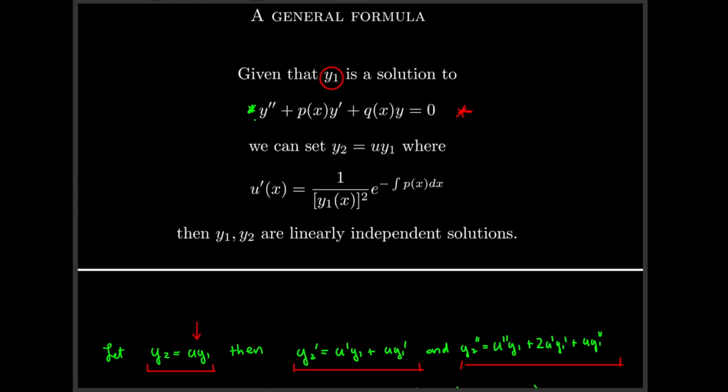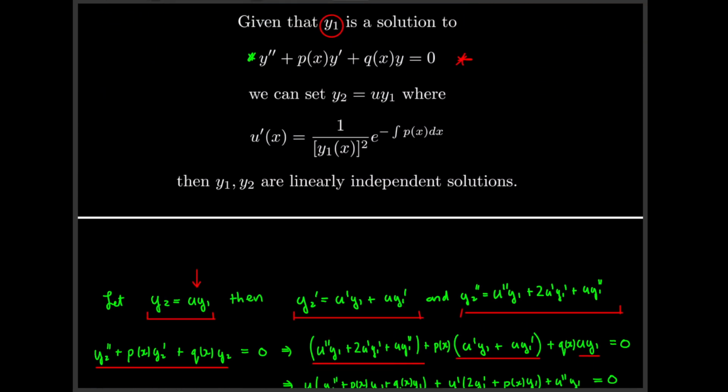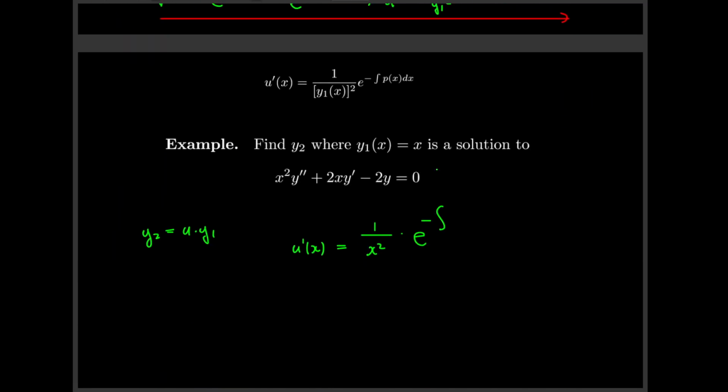There's no coefficient in front of the y double prime. So actually we first have to do that. And so we do that here. Here we're just going to get y double prime plus 2 over x y prime minus 2 over x squared y equals 0. Okay, now it's in standard form, and then we can see what the p of x is.